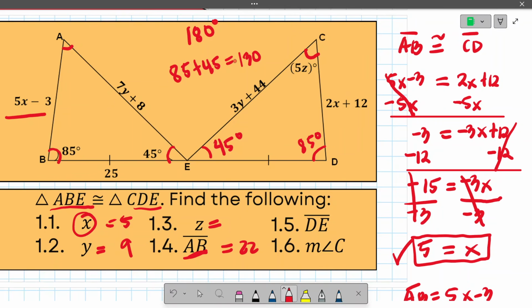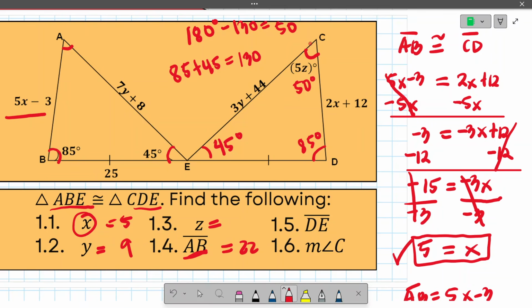Now, that means the remaining measurement from 180 would be the angle C. So let's say 180 minus 130, it will give us 50. That means if this is 45, this is 85, angle C will be 50 degrees, right? Because pag i-add natin itong tatlo, it'll give us 180 degrees.